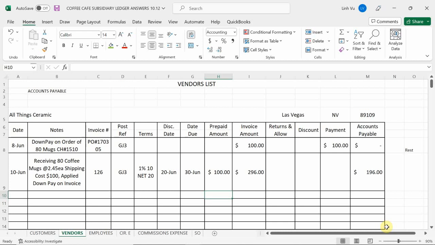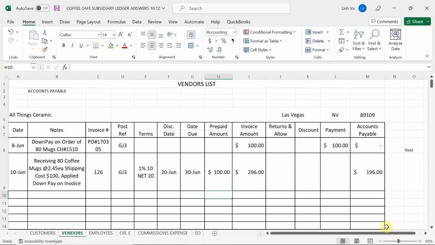Because of the way we set up the formula, prepaid accounts decrease your accounts payable, and that's exactly what this formula does here. It should automatically calculate for you. It's going to take the original invoice amount minus any prepayments, minus any returns and allowances, minus any discounts, minus any payments. So now, this is what you want to ensure is correct.